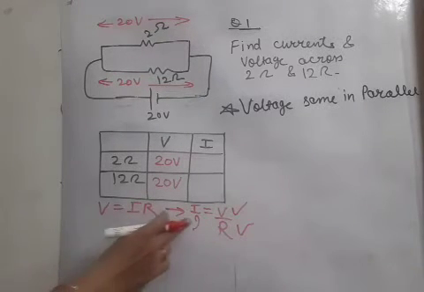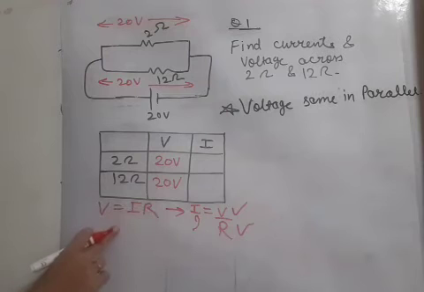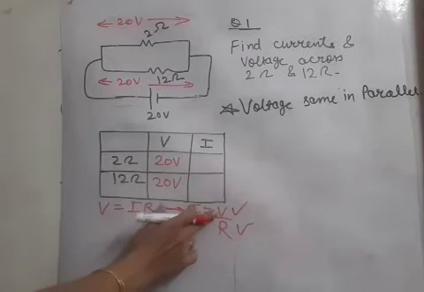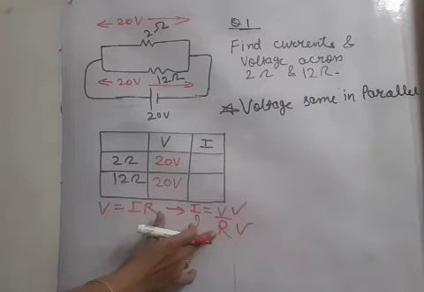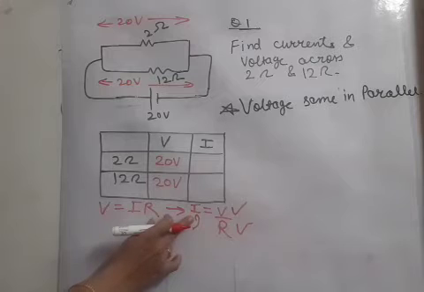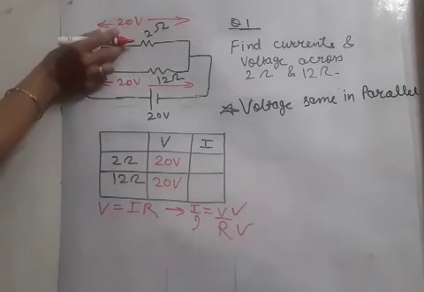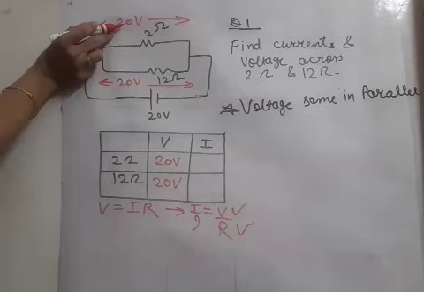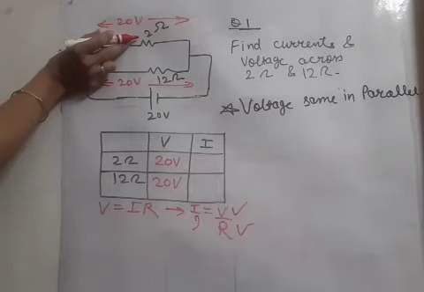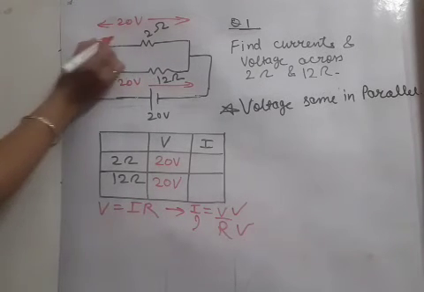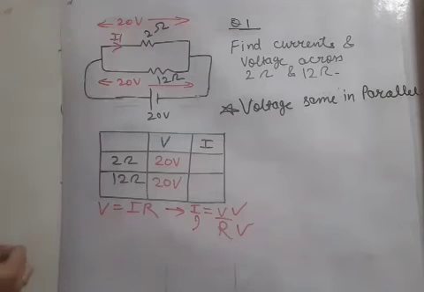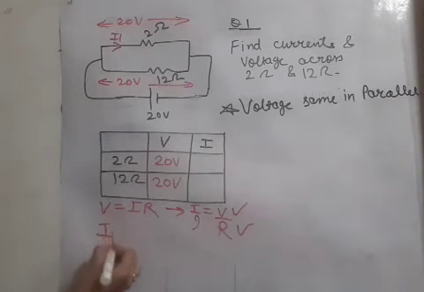Out of the three variables in this formula, if we know any two, then we can find the third one. So if V and R are known for any resistance, we can solve for current. Now think, for this 2 ohm resistance, you know the voltage, you know the resistance, can you calculate the current I1? The answer is yes.